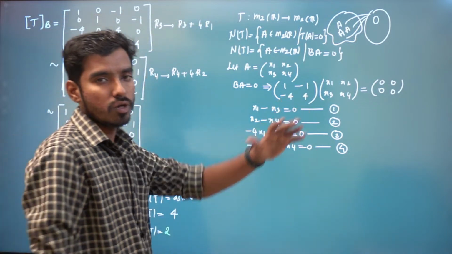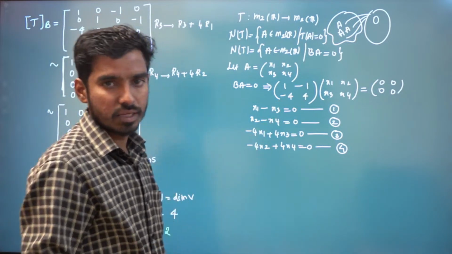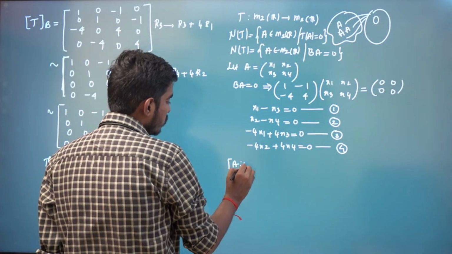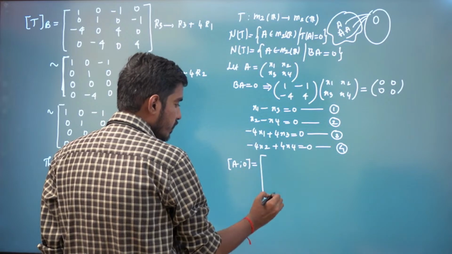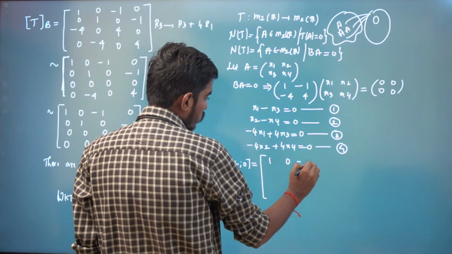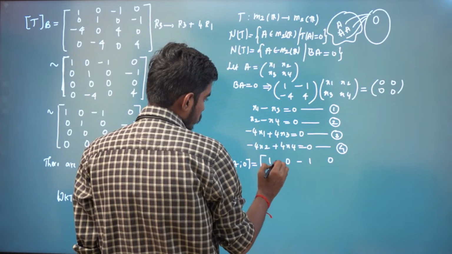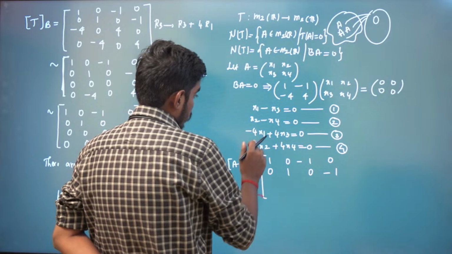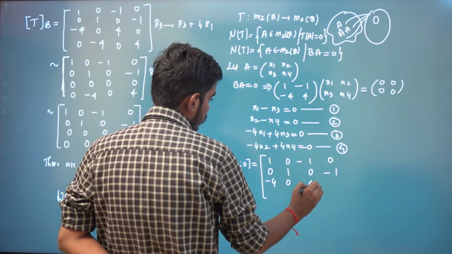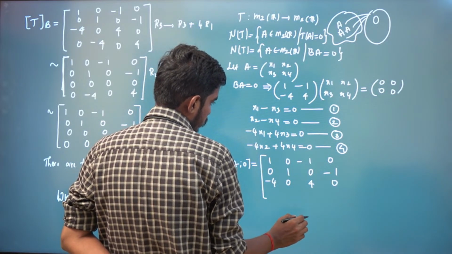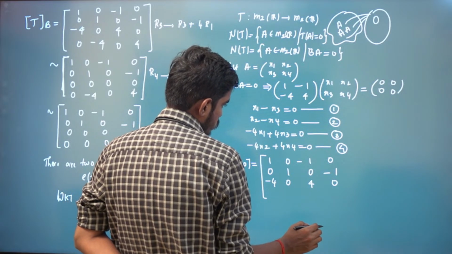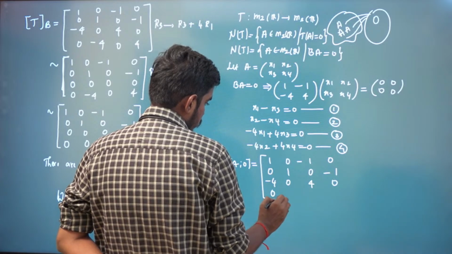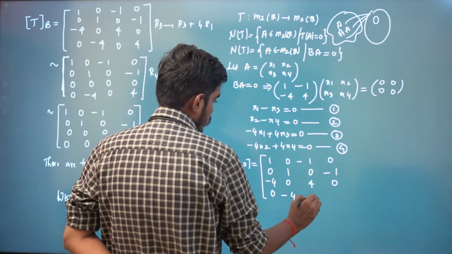Now we will solve for x1, x2, x3, x4. This reduces to a system of homogeneous equations, right? So we'll solve this homogeneous system of linear equations. We have 1, 0, minus 1, 0; 0, 1, 0, minus 1; minus 4, 0, 4, 0; 0, minus 4, 0, 4.